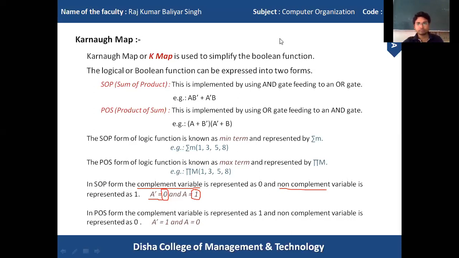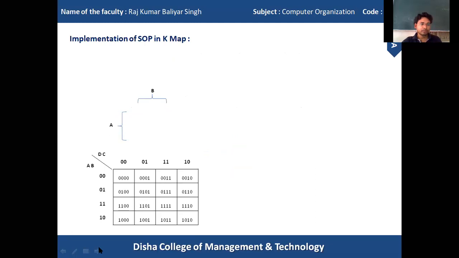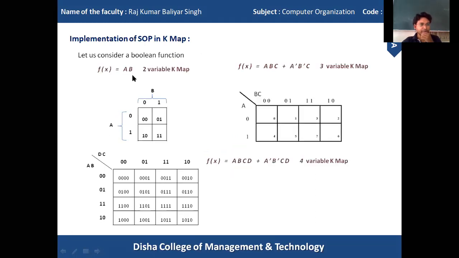So let's see the implementation of SOP in Kmap. Let us consider the Boolean function f of x equals a b. Here a b is a two variable Kmap.